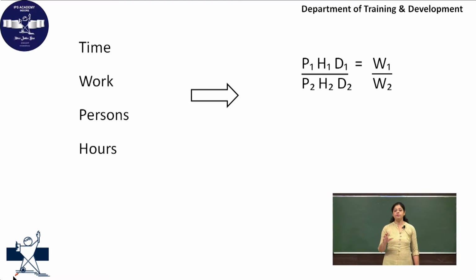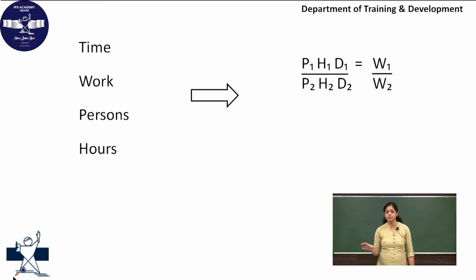ठीक है? When work quantity is not mentioned, जैसे कि आपको बताया गया कि to build a certain road or certain wall, it is taking 12 men work for 8 hours, they are taking 20 days. So to build the same road, 15 men will take how many days working for the 8 hours? So in this case work quantity is not mentioned. We know the work is to build a road, but how much length of the road we don't know.